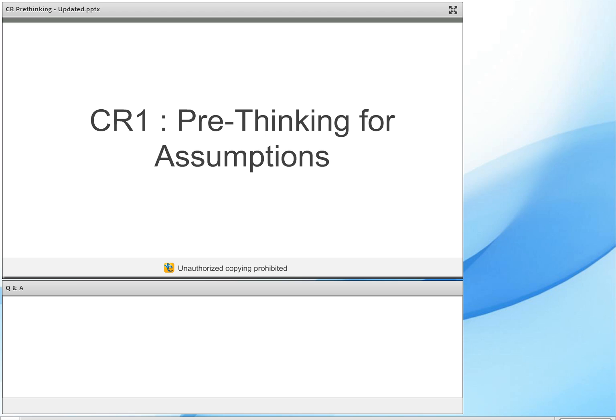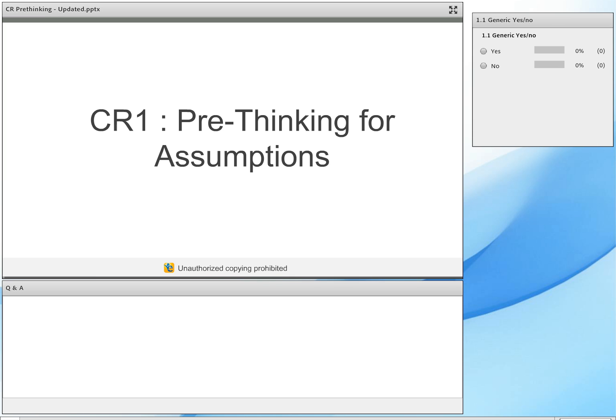Okay, with that, let's go right into the presentation pane. The screen will be in the process of changing for you. I'm going to give you another 15 to 20 seconds so the screen settles down. Okay, now most of you at this point should be seeing the first slide, which says CR1 pre-thinking for assumptions.